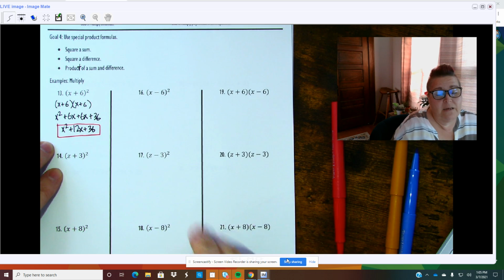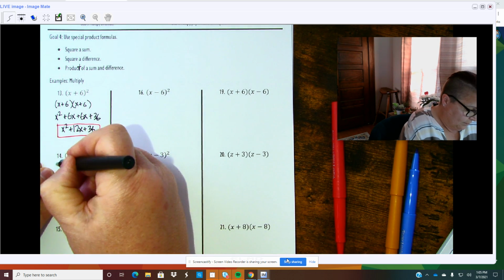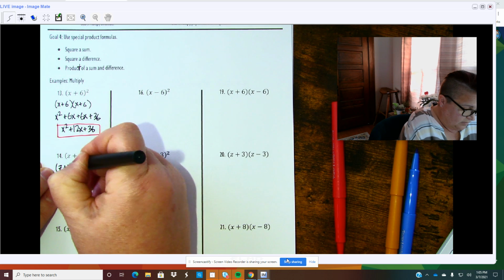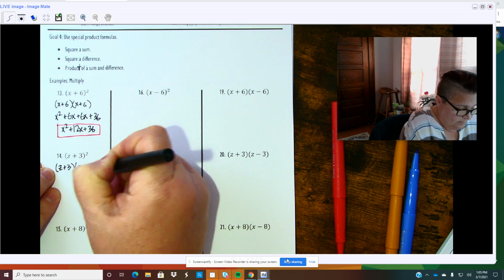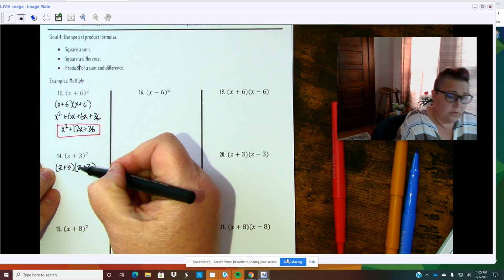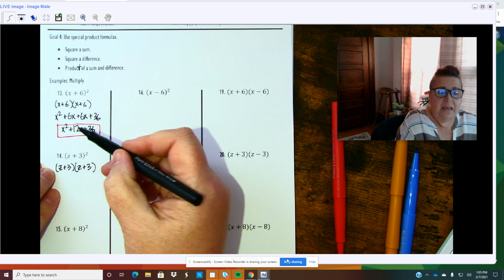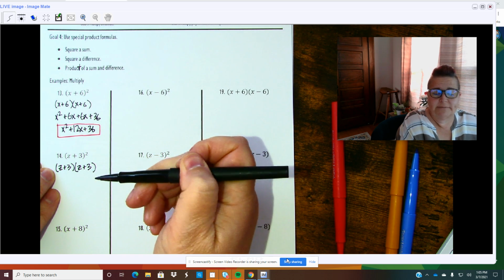If I do a second one like this, I see z plus 3 squared. That's z plus 3 times another z plus 3. I haven't talked about it, I don't think, but I put my lines through my z's because my 2's, as you notice, also look like z's. So a common workaround for that is to actually put a line through the letter.